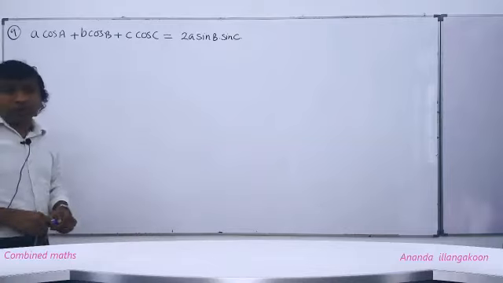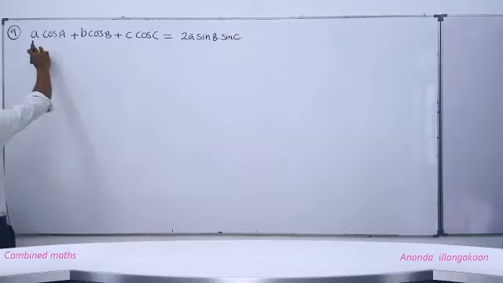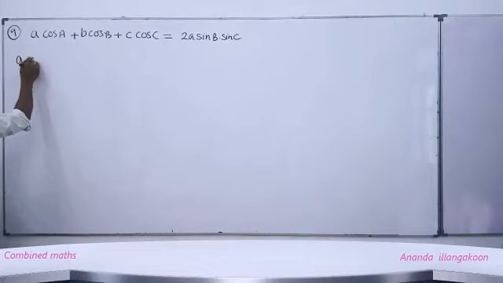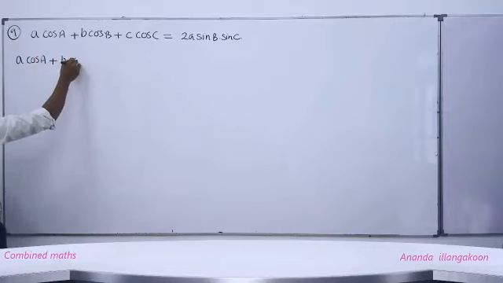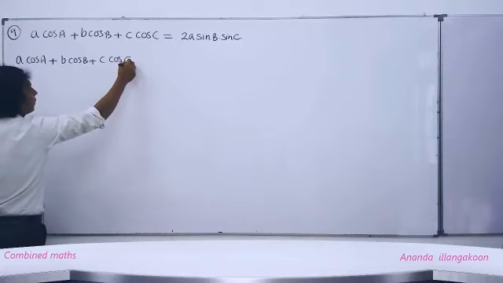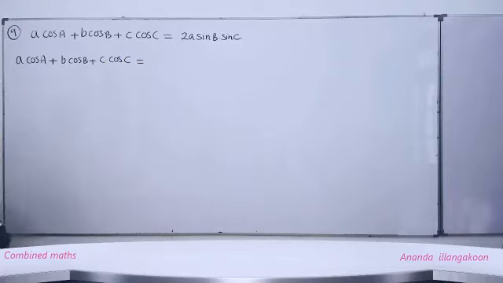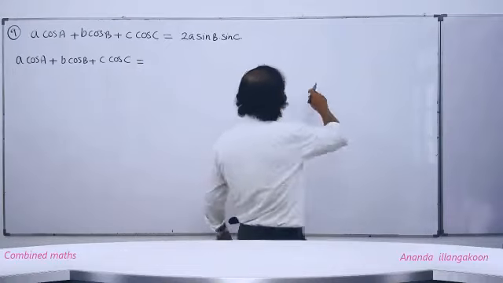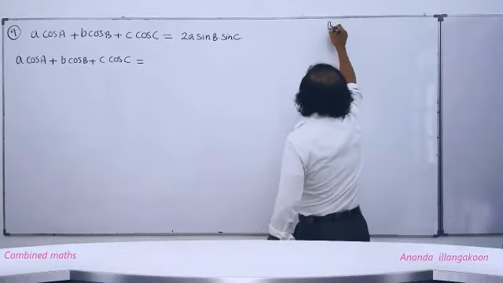Right, people, now I'm going to start from the left-hand side. The left-hand side is a cos A plus b cos B plus c cos C. We write the sine rule.